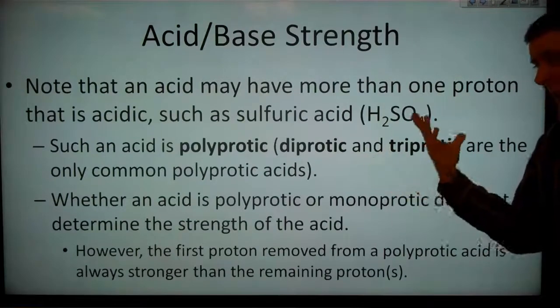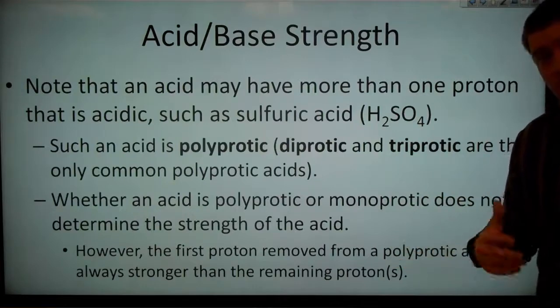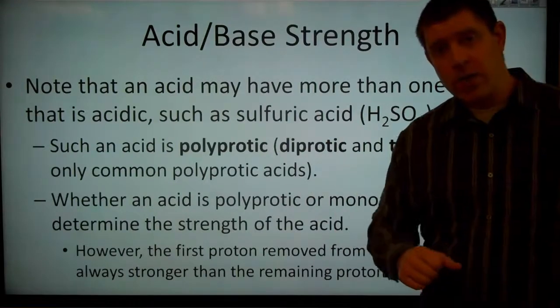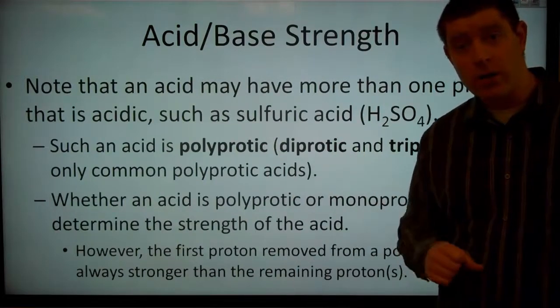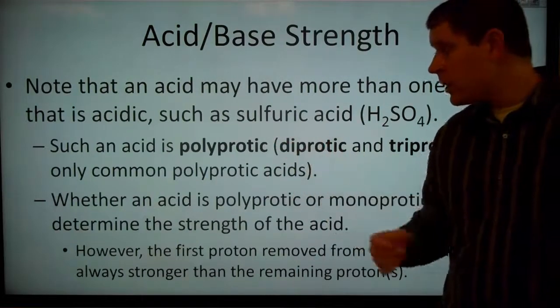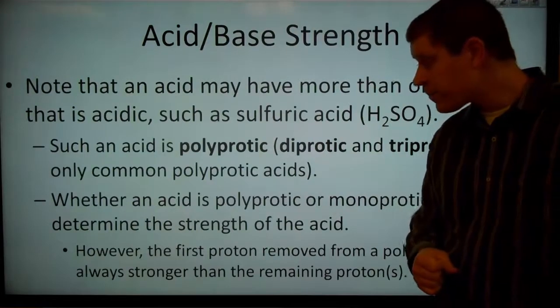These are the only really common polyprotic acids that we deal with in chemistry, although we can get to things like large proteins that have a great number, over 100, of acidic hydrogens in them.